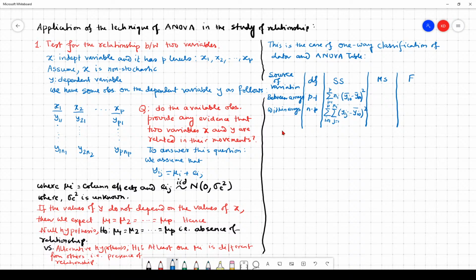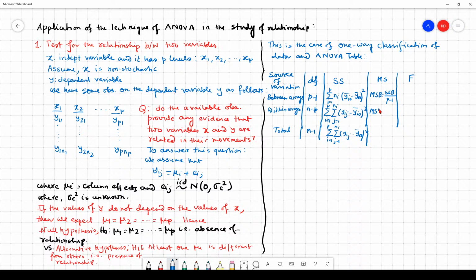And this is the total: n minus 1, sum over i from 1 to p, j from 1 to ni, of (yij minus y-bar) whole square. MSB is nothing but SSB divided by the corresponding degrees of freedom, that is, p minus 1.